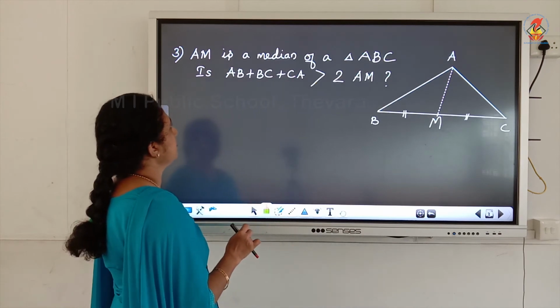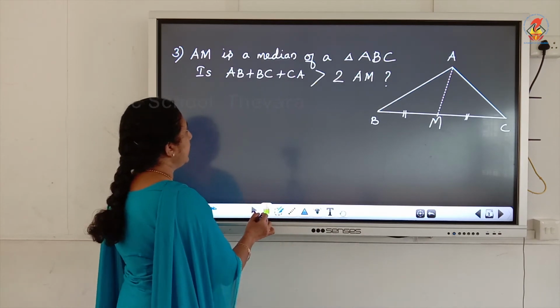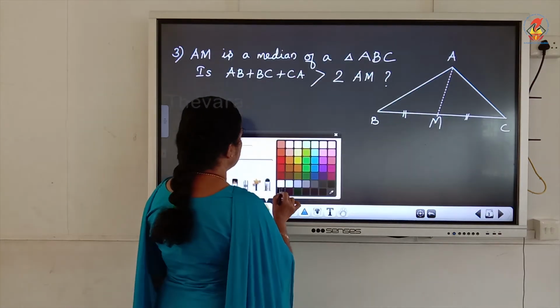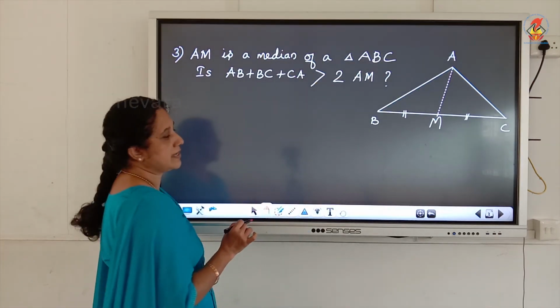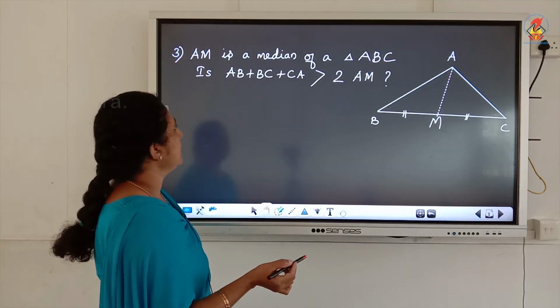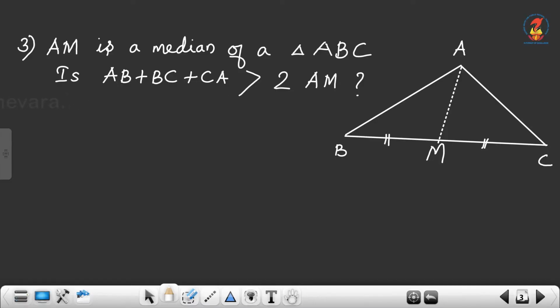Now next one. AM is a median of a triangle ABC. AM is the median. Is AB plus BC plus CA greater than 2 times AM? Now AM is given as the median.